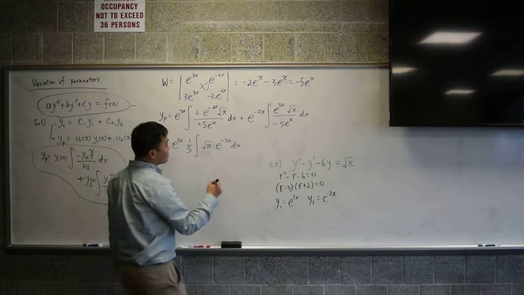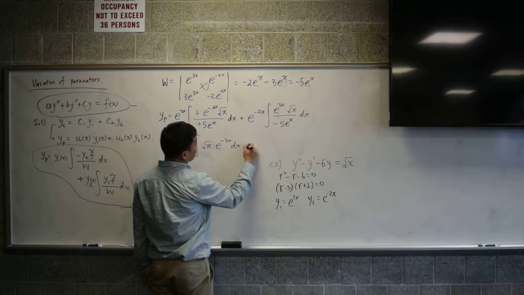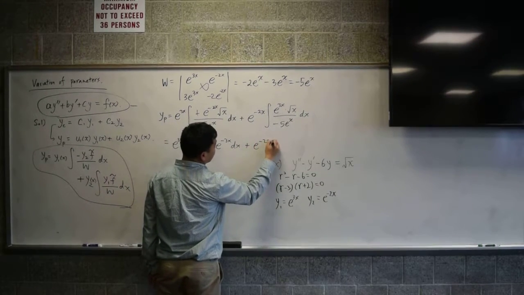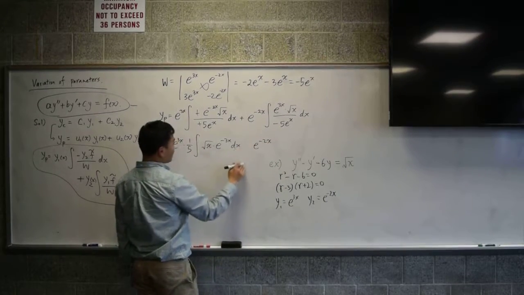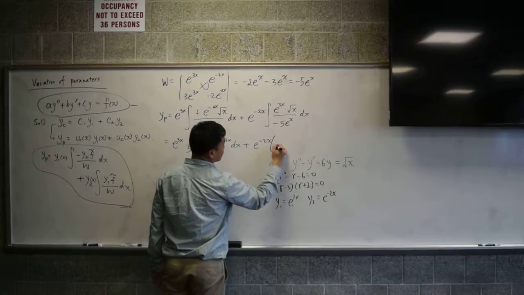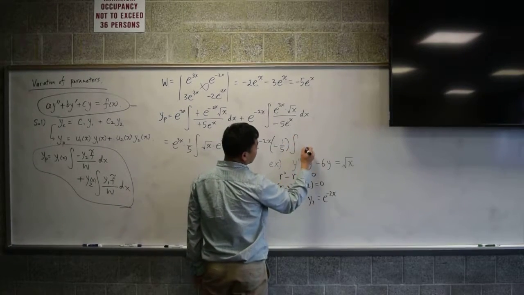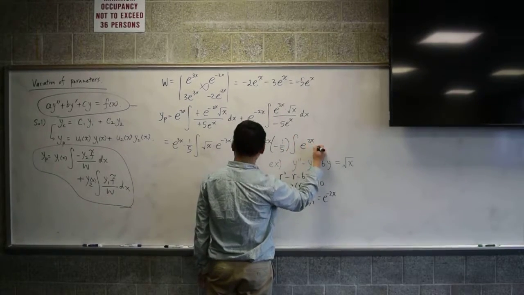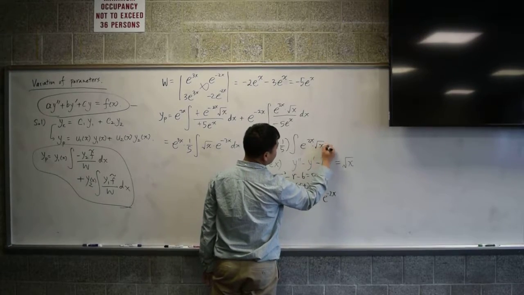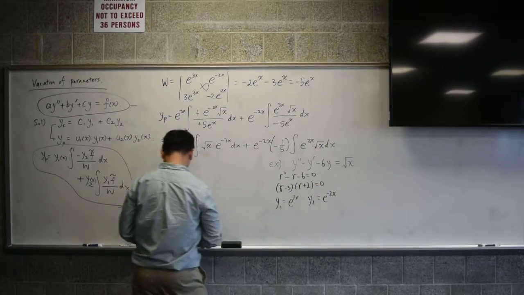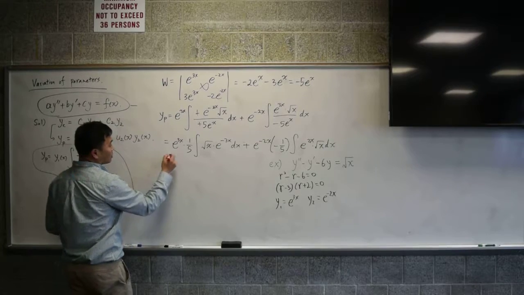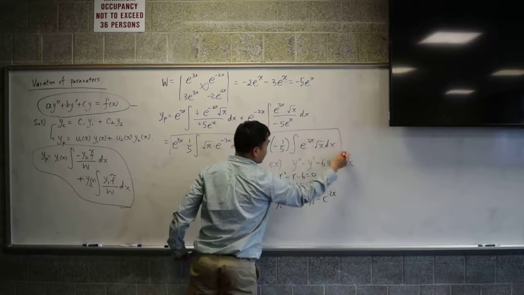And then here, it's plus e to the negative 2x. Again, you have a negative 1/5, and then integral of e to the 2x times square root of x dx. So that's the particular solution.